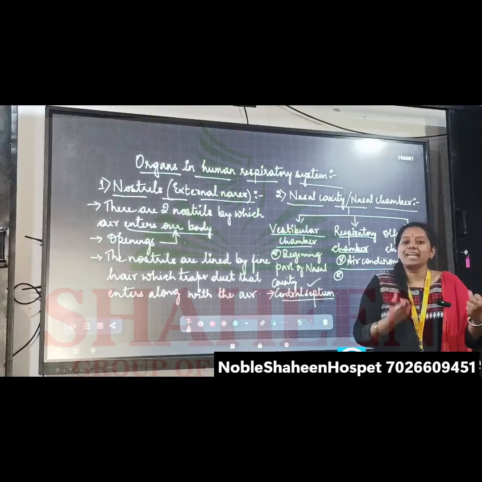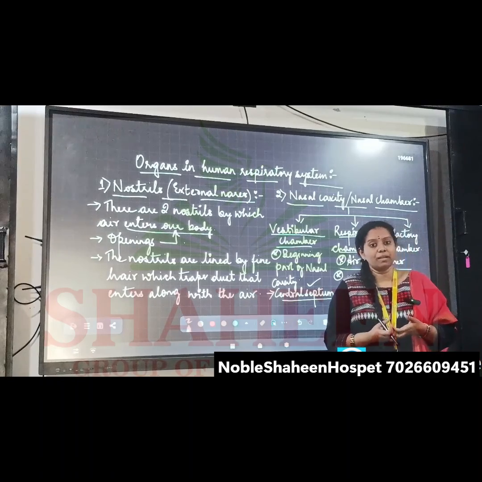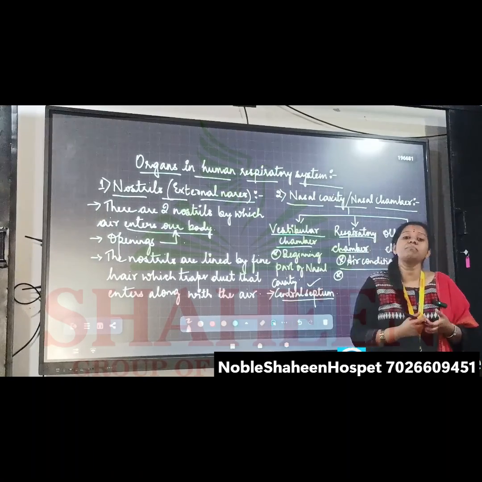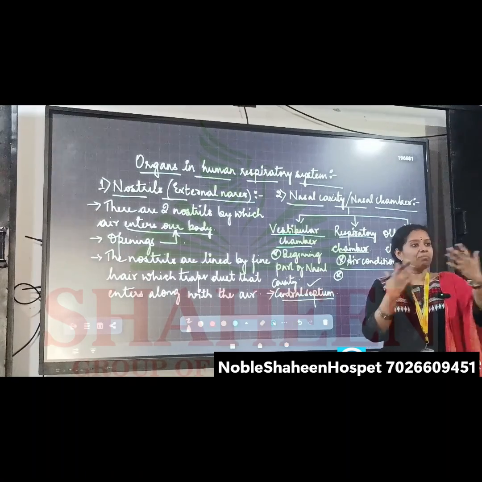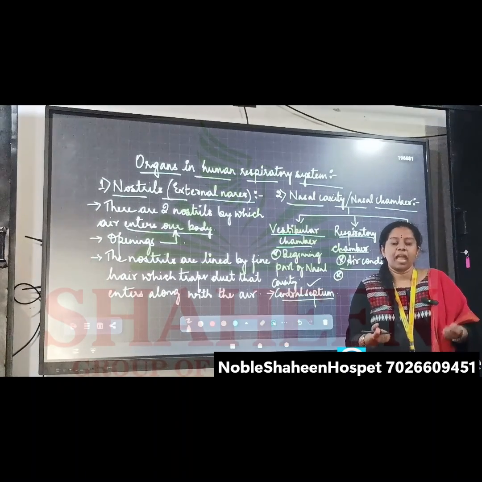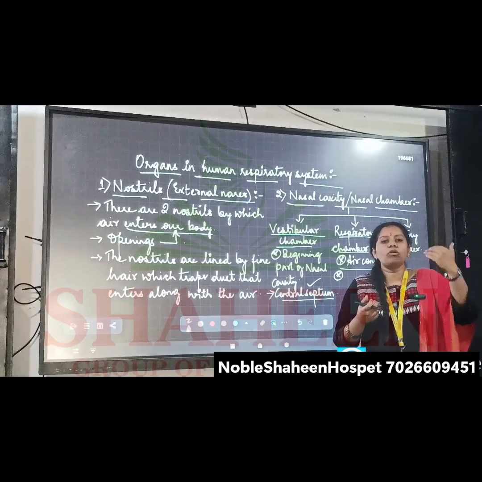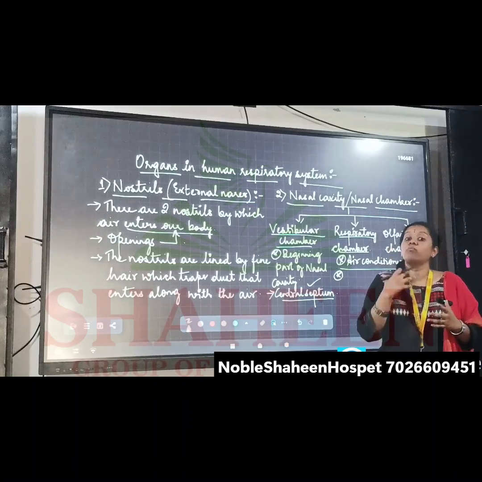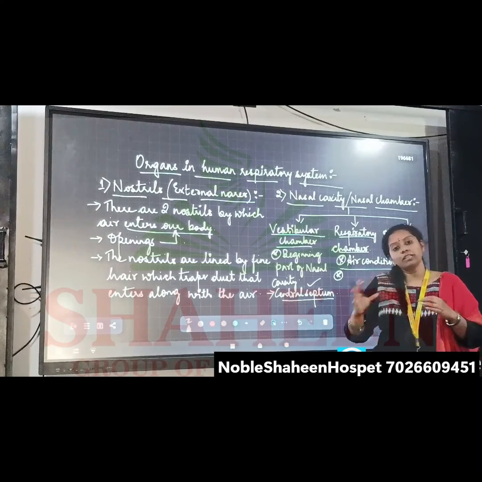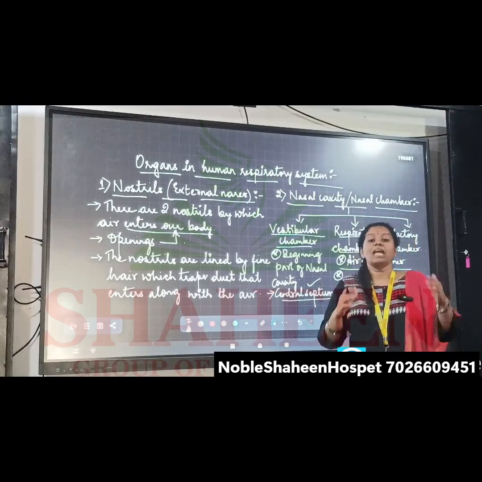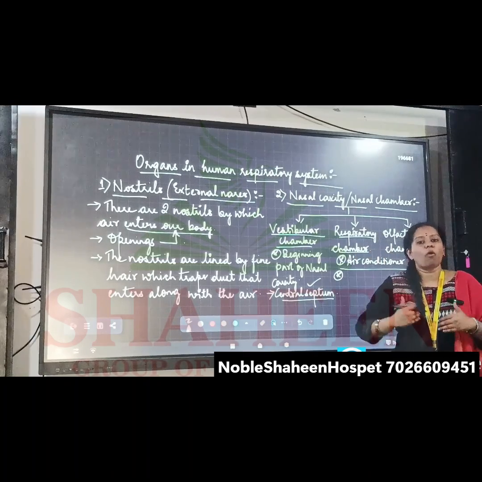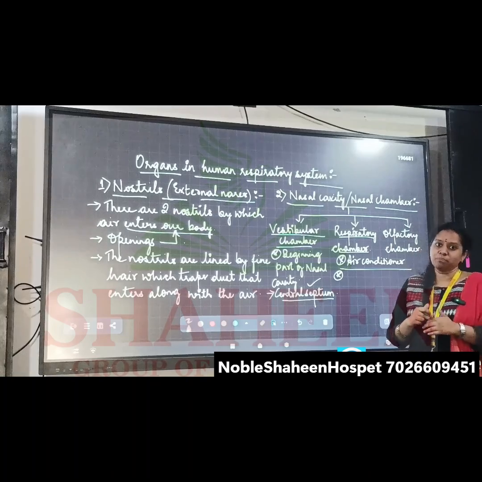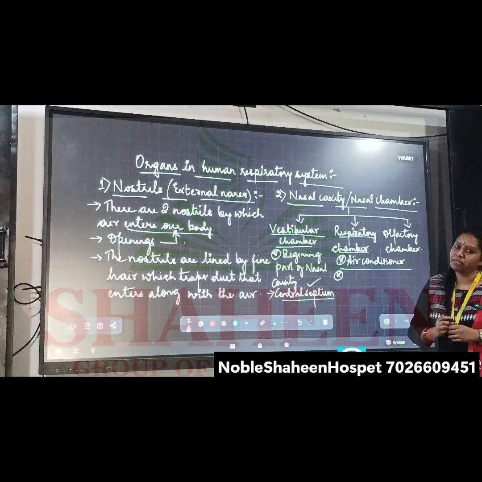So this dry air must be moistened inside. And if the climate is very cold and we breathe in cold air, it has to be warmed up inside. All this work, where the air is adjusted to our body temperature, takes place in the respiratory chamber.